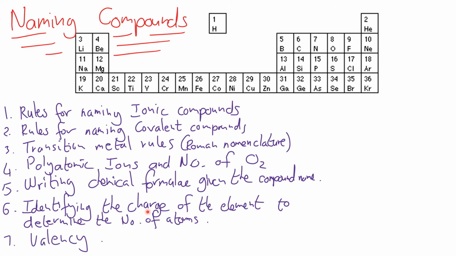We'll also do some revision on things like valency and charge, and identifying the charge of the element to determine the number of atoms. So we will look at some revision in the next slide.